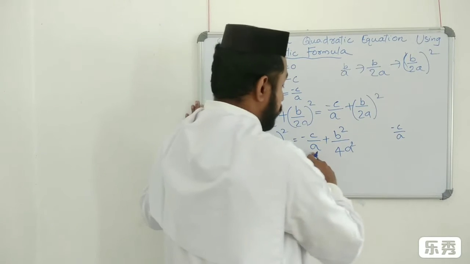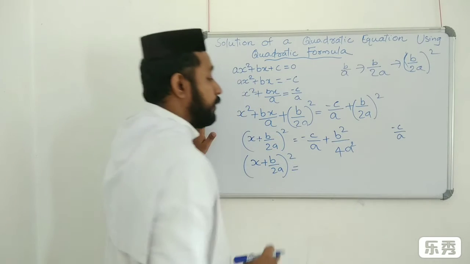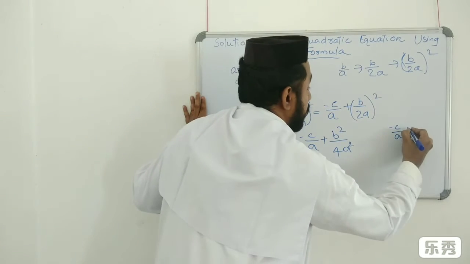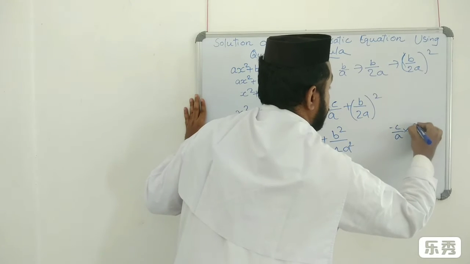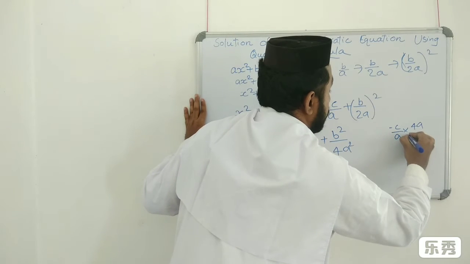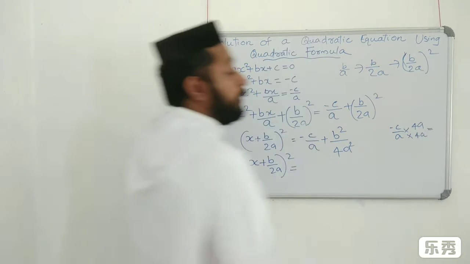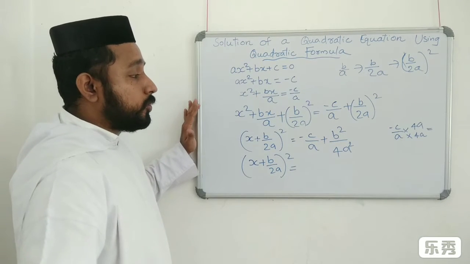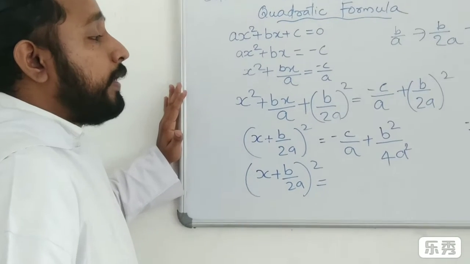So I am going to change this denominator a into the form 4a². When we multiply the numerator, we also have to multiply the denominator, then there will be no change. So I am going to multiply 4a with both the numerator and the denominator.